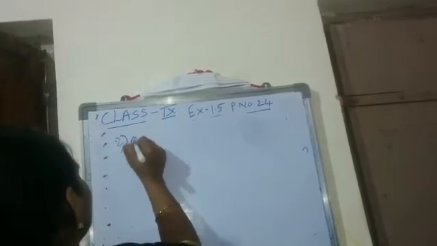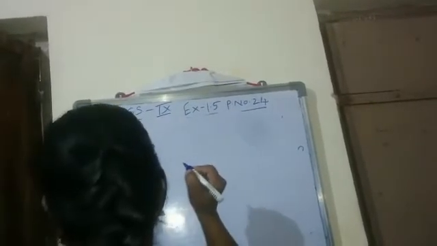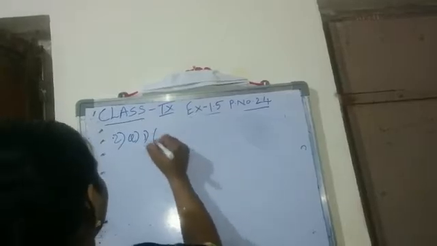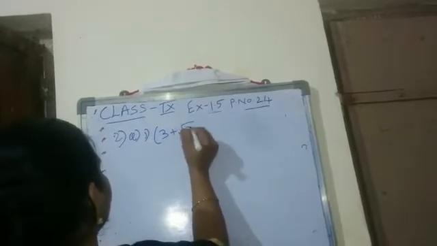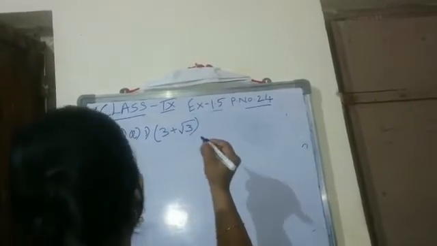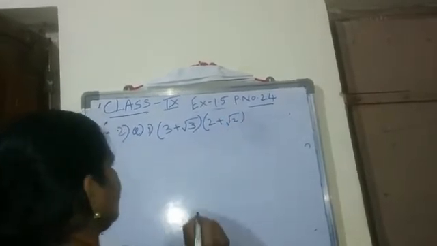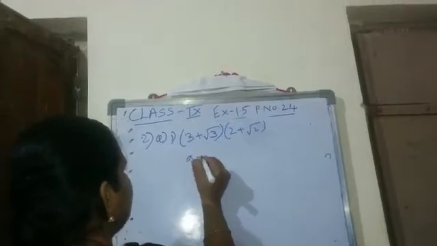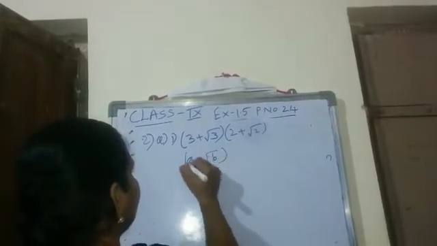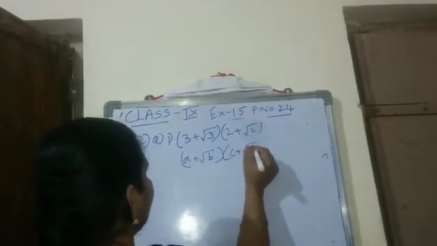Now, second question, first one. (3 plus root 3) and (2 plus root 2). This comes under the identity (a plus root b) into (c plus root d).